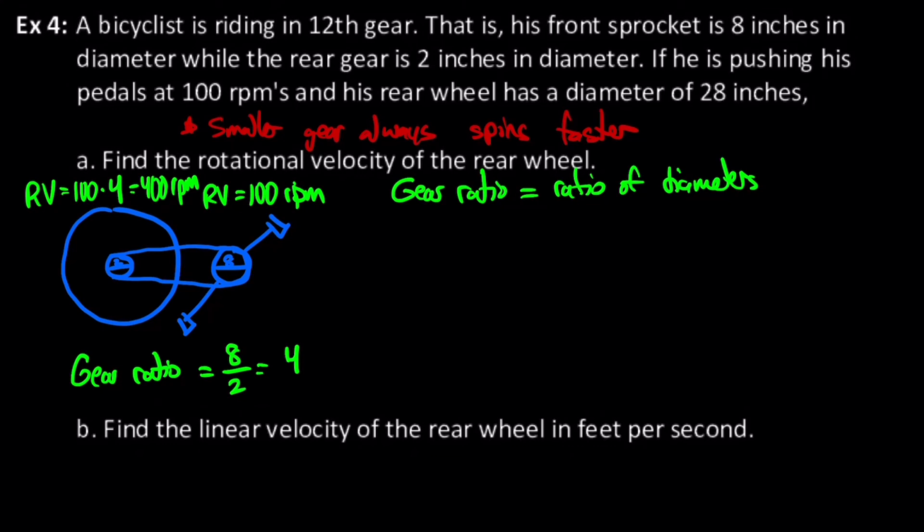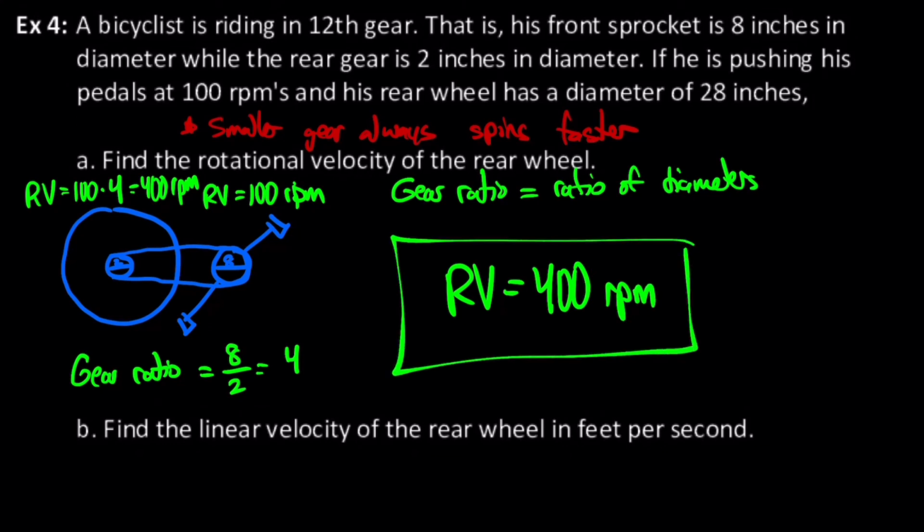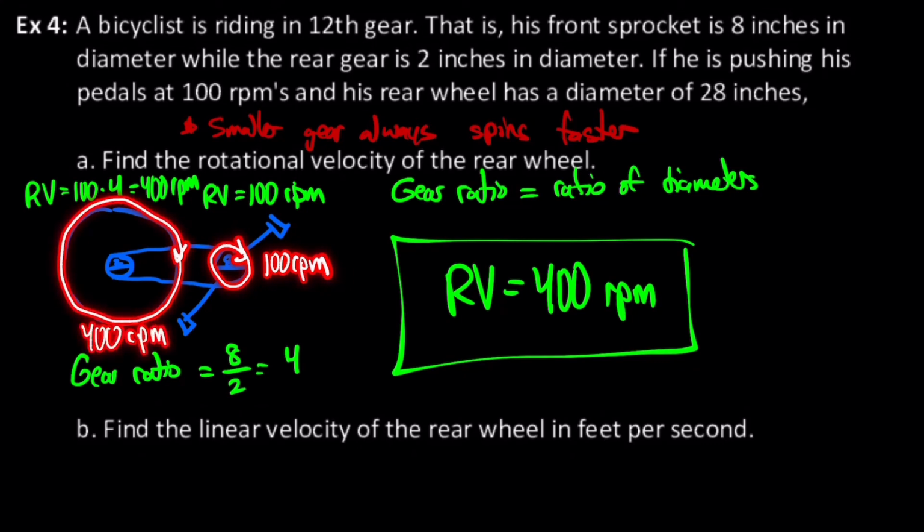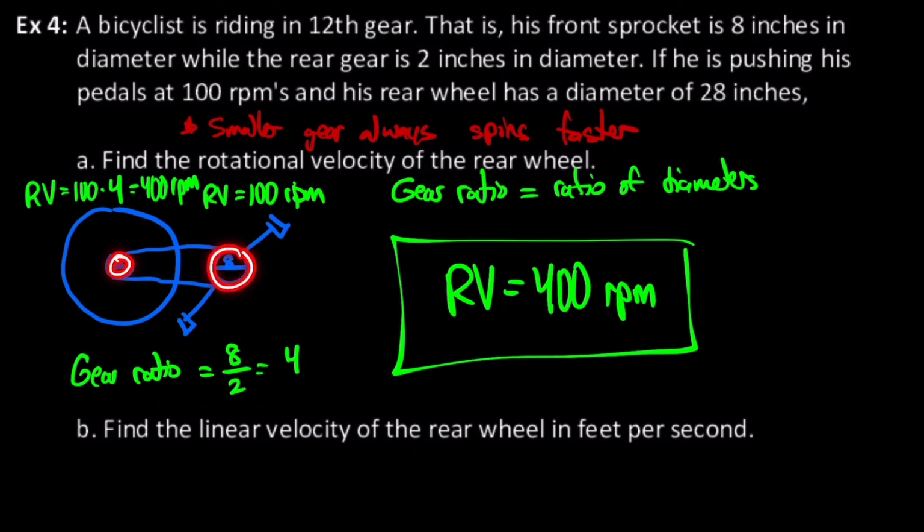So the rotational velocity of the rear wheel equals 400 RPM. It is whatever the front one is times 4, because we established that as the gear ratio. So now that we know this, again, the concept is he's pedaling here at 100 RPM, but this rear wheel is moving around at 400 RPM because of the gear ratio.